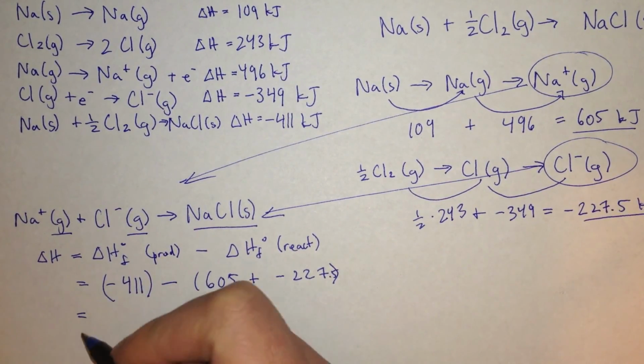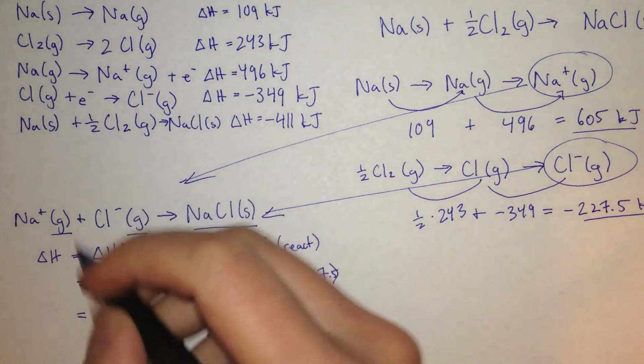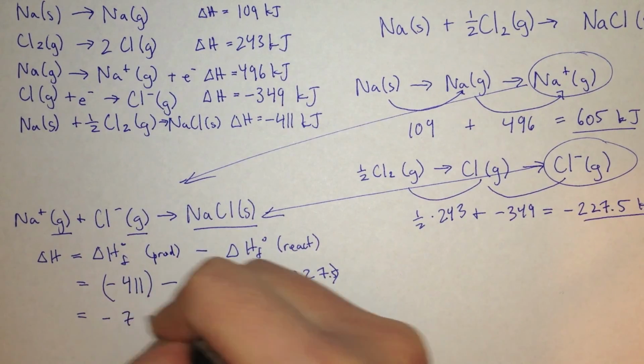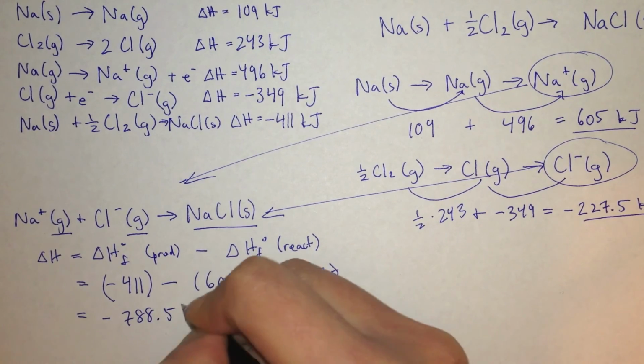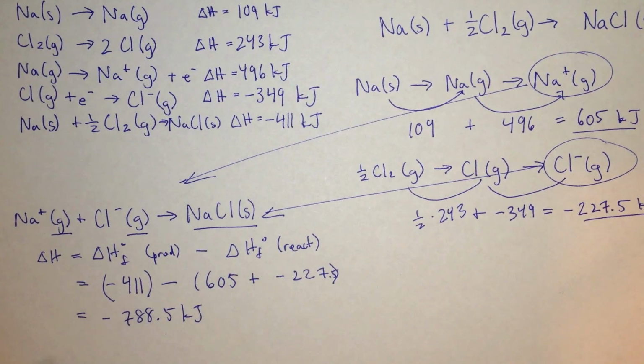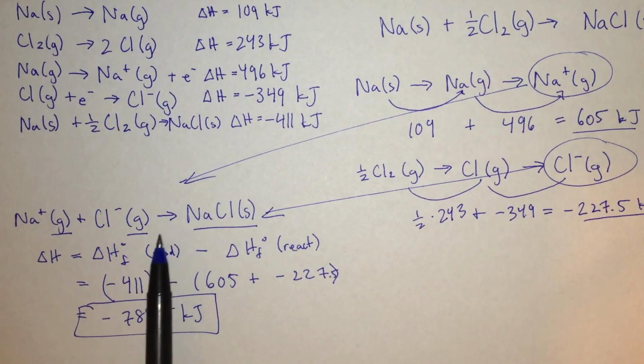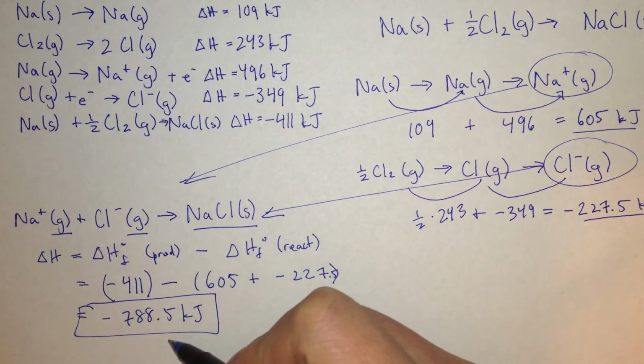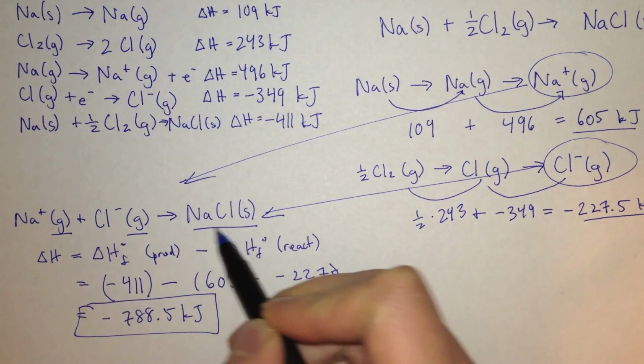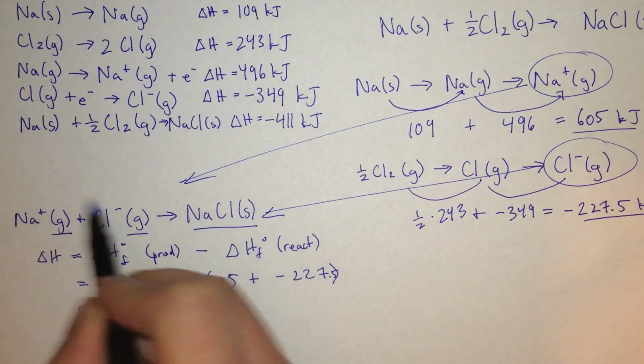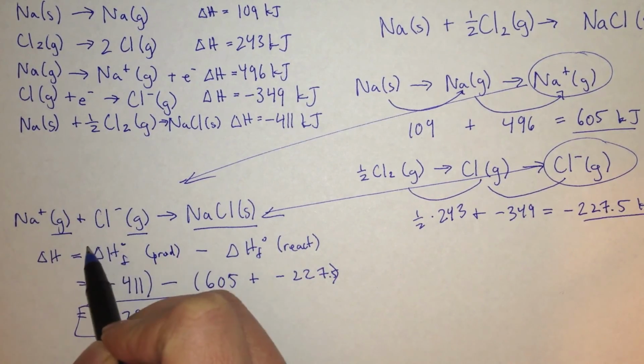And the result for this equation is negative 788.5 kilojoules. So the lattice energy, this value, is the heat of this equation, which is also equal to the lattice energy, because this is the equation that creates the crystal lattice from the ions that are gaseous.